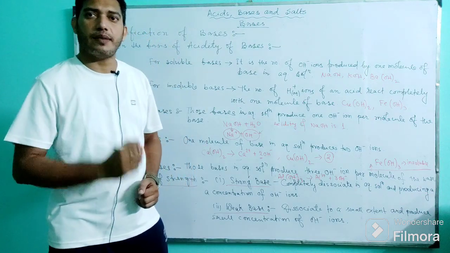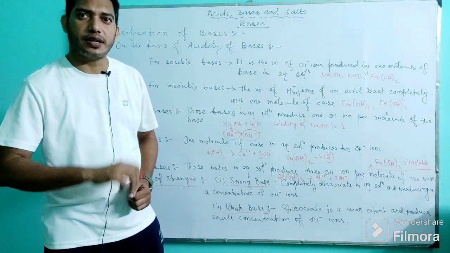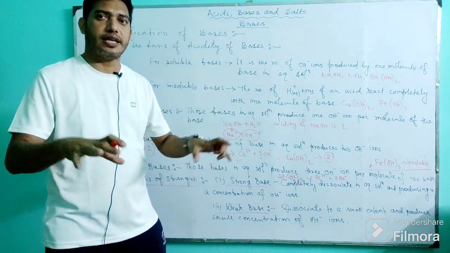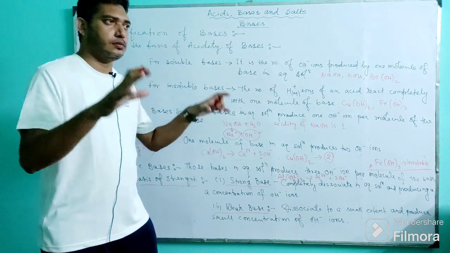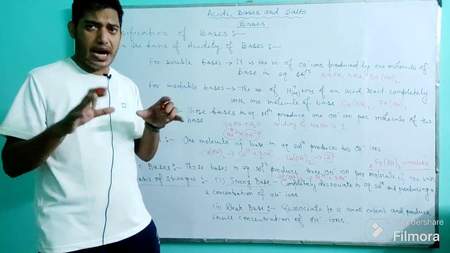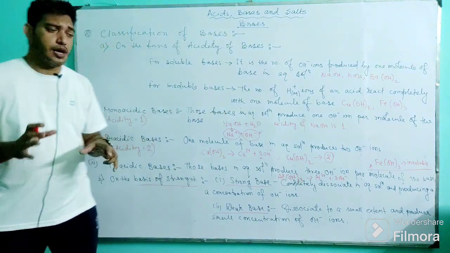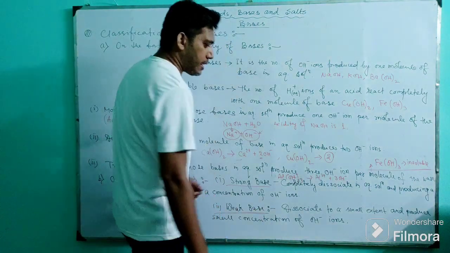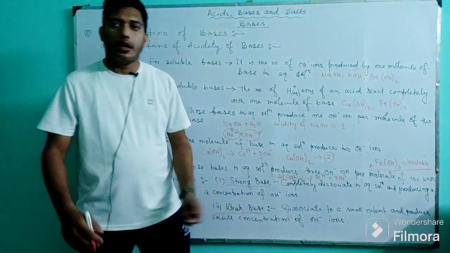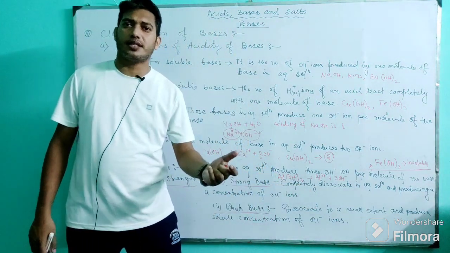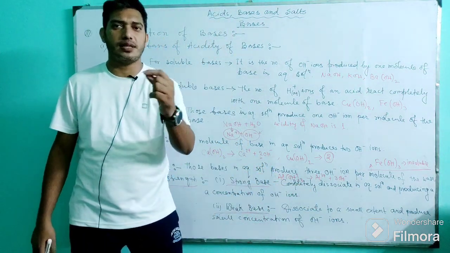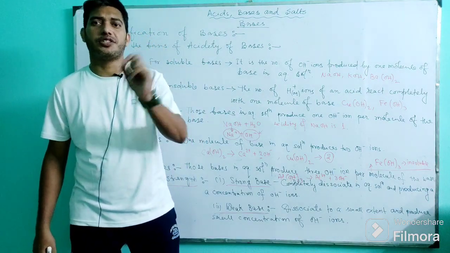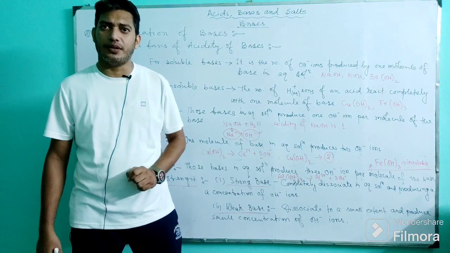Just like sodium hydroxide and potassium hydroxide, these bases completely dissolve in water and dissociate and form a high concentration of OH minus ions. Next, weak bases. Weak bases are those bases that partially dissolve in water, or dissolve in small content, and form a very small concentration of OH minus ions.